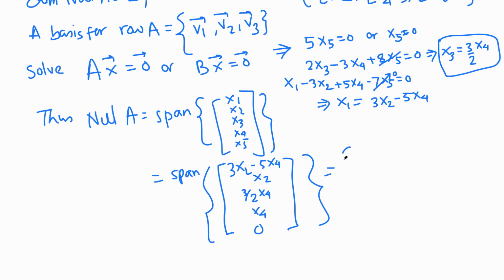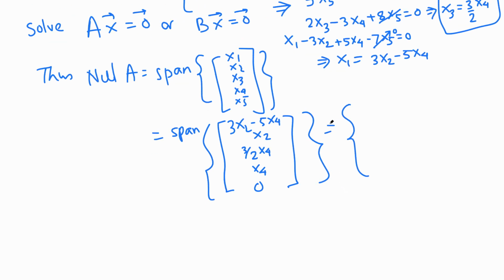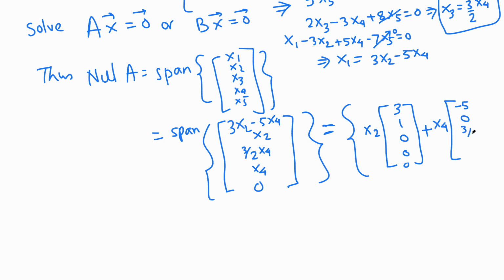Now we can write this vector as a sum of two vectors, because there are two free variables. We can have x2 outside, that means 3, 1, 0, 0, 0, and I can factor x4 out, that leaves -5 in the first component, 0, 3/2, 1, 0.